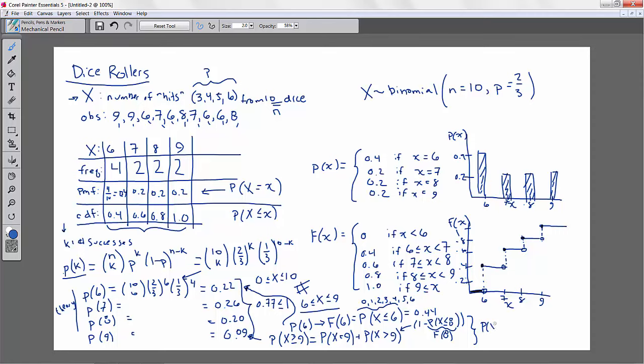So to summarize, the probability that x is greater than or equal to 9 is really equal to the probability that x is equal to 9 plus 1 minus the probability that x is less than or equal to 8, which is the PMF value of 9 plus 1 minus the CDF of 8.